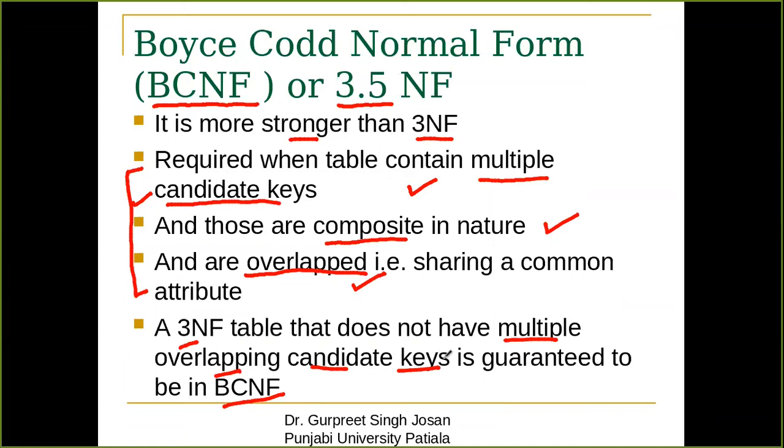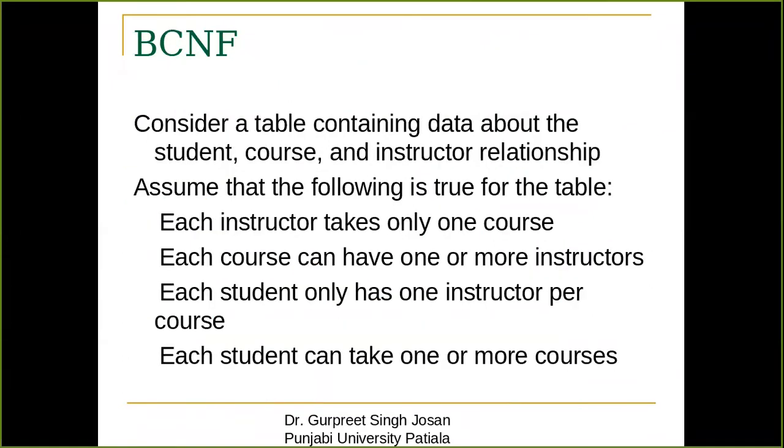So it is a very special case that occurs rarely, but if it occurs, then you have to break down the tables into further subparts. So let's see one example also. Consider a table that contains data about students, courses and instructors. Assume that the following conditions are true for this particular table: each instructor takes only one course, and each course can have one or more instructors.